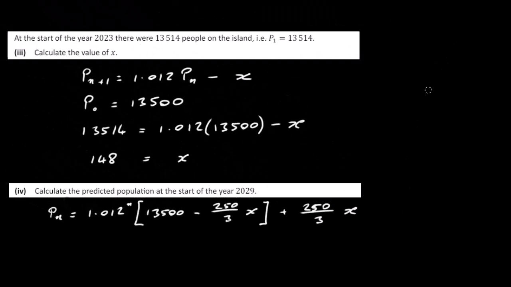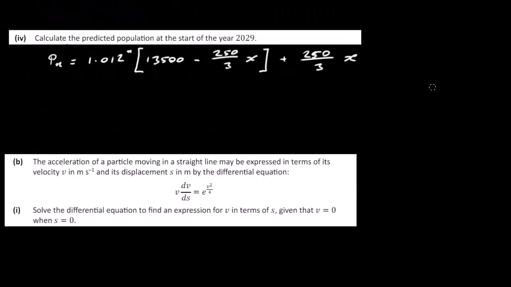So let's have a look at part 4. Calculate the predicted population at the start of the year 2029. So I've written in the formula that we derived earlier on for Pn. We solved the difference equation, we got this here. So we're talking about 7 years between 2022 and the start of 2029. So we have to include 2022, and it's the end of 2028 if you like.